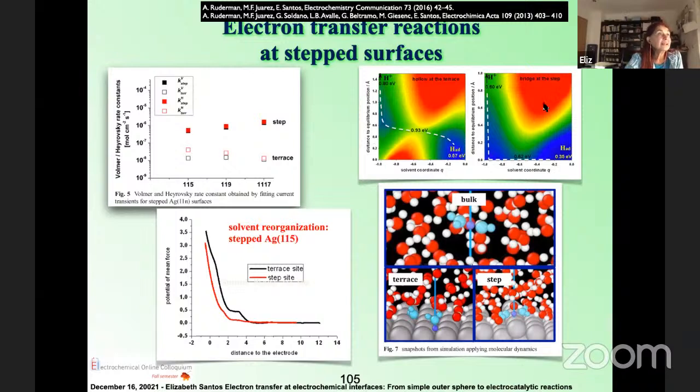But in the case of adsorption on the bridge site of the step, the proton can approach almost to the surface, and here where the interactions are much stronger, it loses the solvation and the reaction occurs with a very low activation energy.